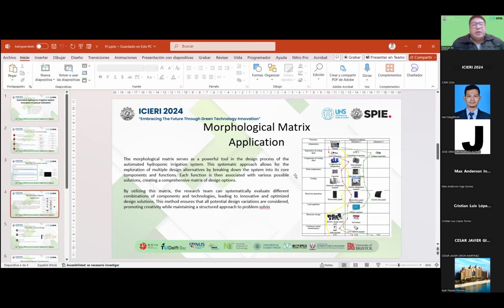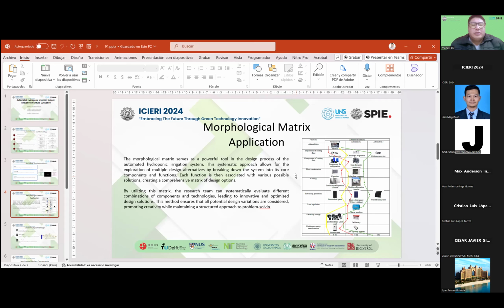Morphological matrix application. The morphological matrix serves as a powerful tool in the design process of the automated hydroponic irrigation system. This systematic approach allows for the exploration of multiple design alternatives by breaking down the system into core components and functions. Each function is associated with various possible solutions, creating a comprehensive matrix of design options.